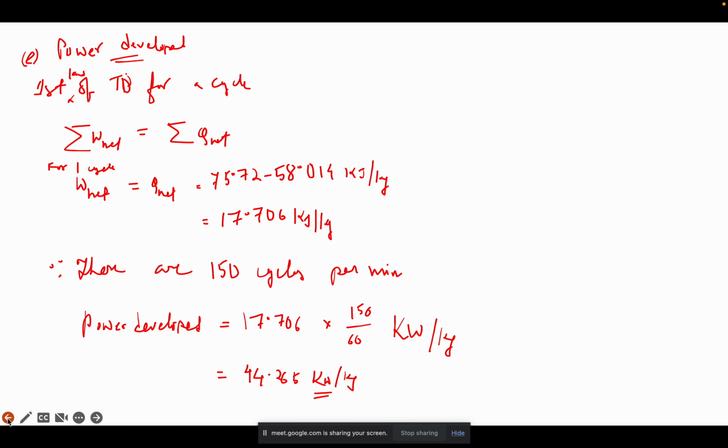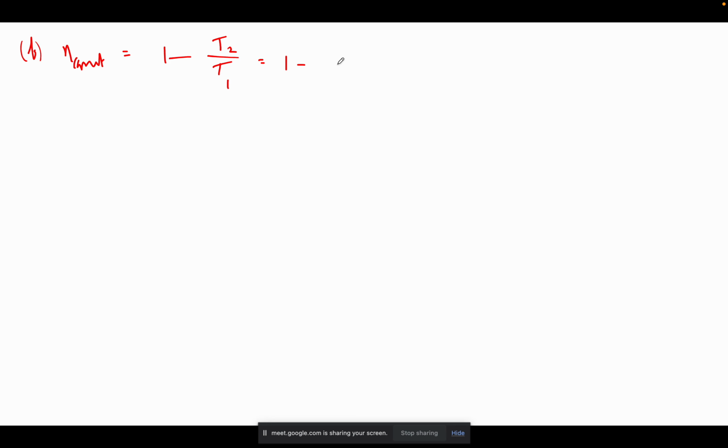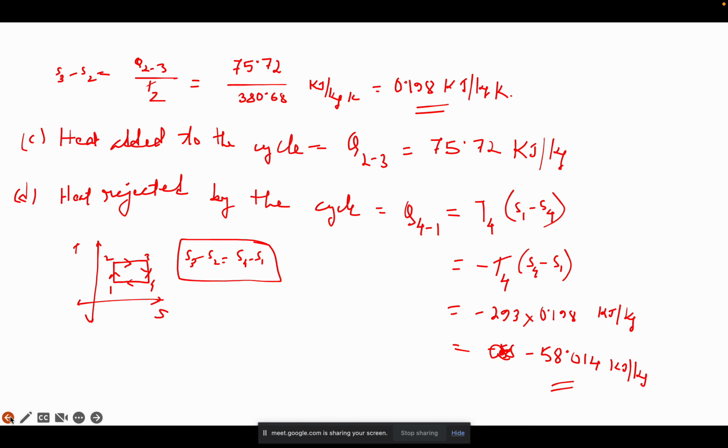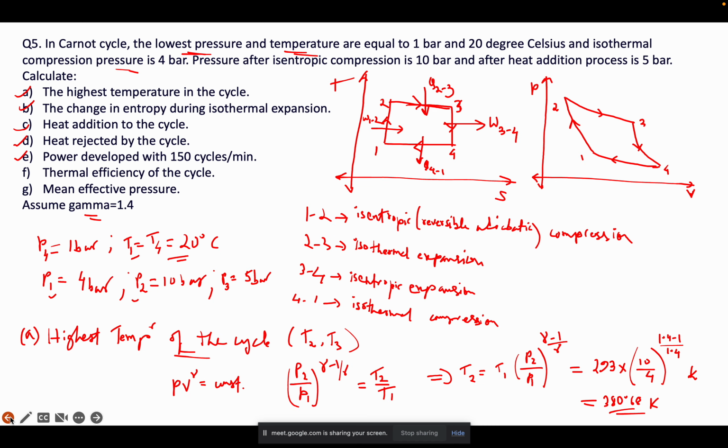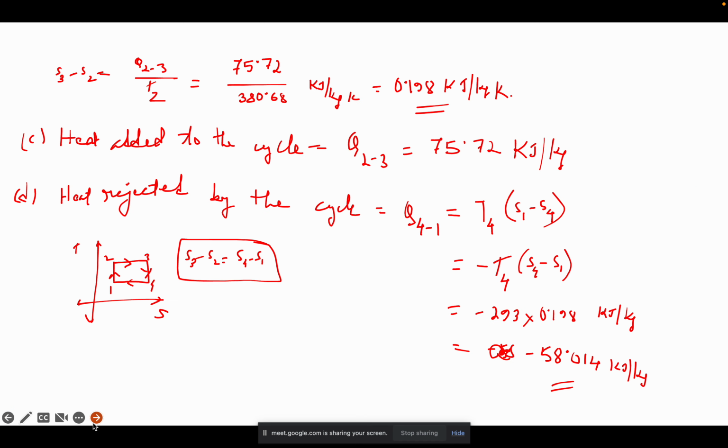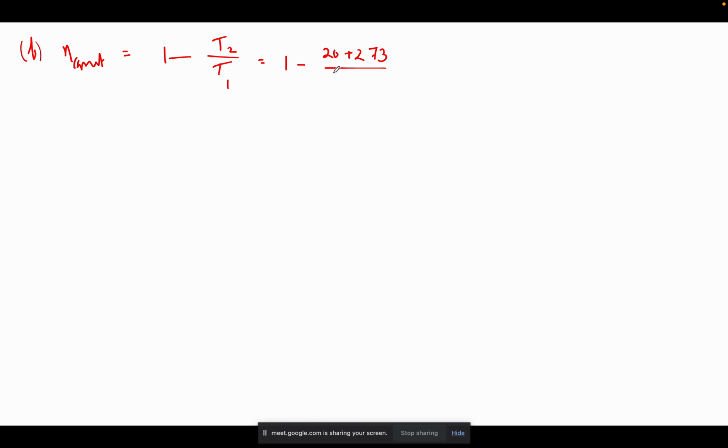So the lower temperature was 20 degrees Celsius, so 20 plus 273, and the higher one we have got in Kelvin, that is 380.68.